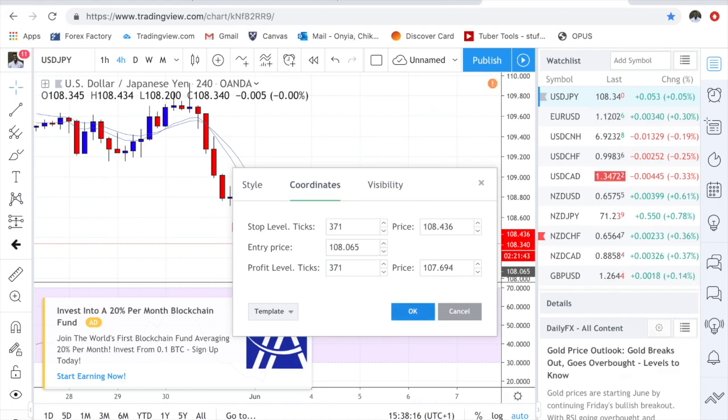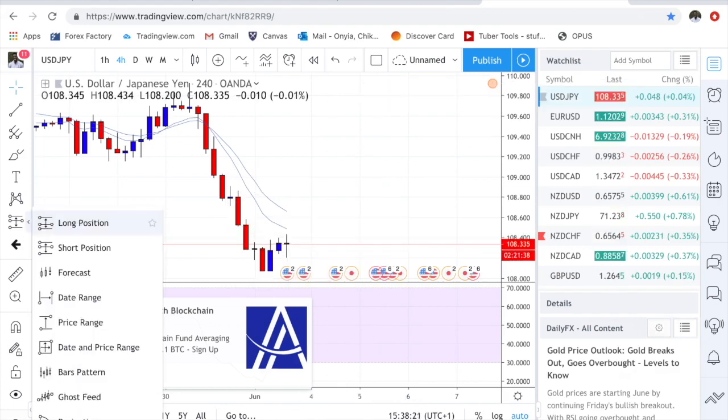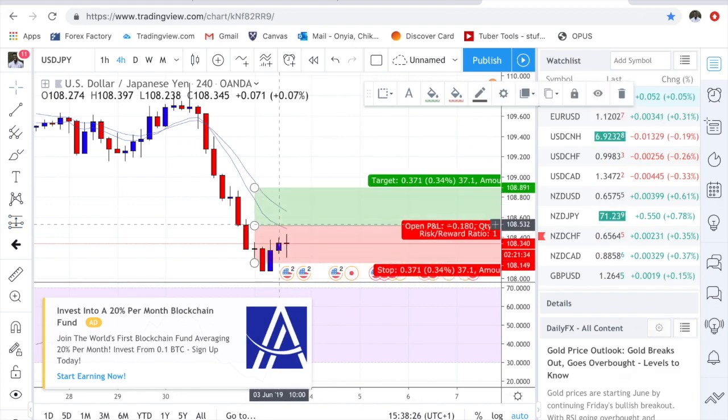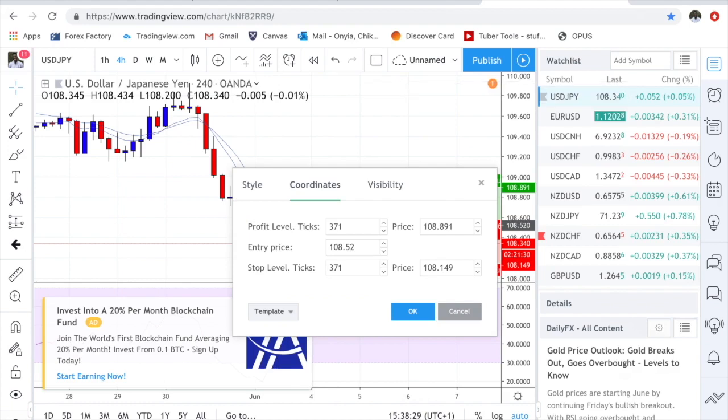Let's delete this. You right click, press settings, entry price right here. At the buy stop, 108.52 is your buy stop price. So if it hits the price of 108.52 and keeps going up, then you're going to make money.